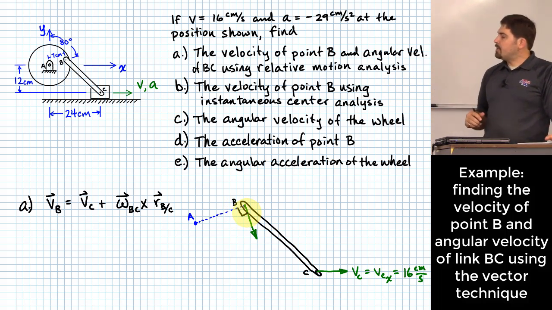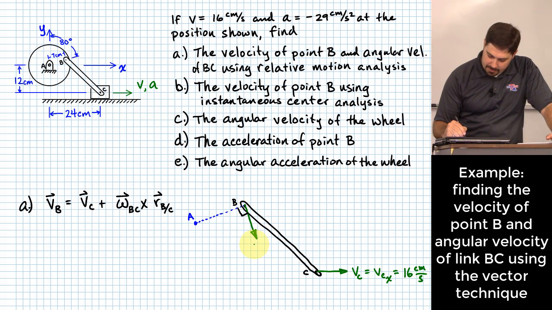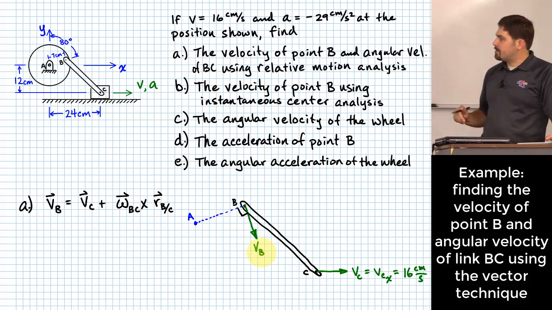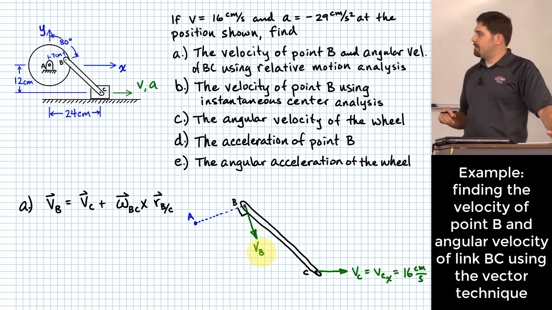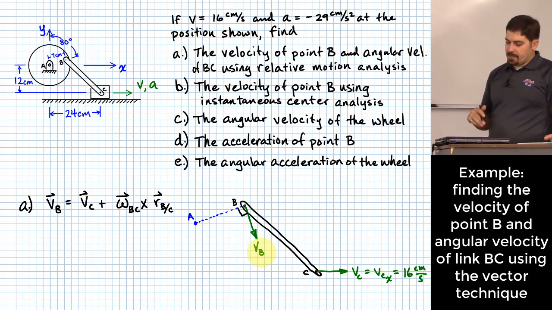As I start off the problem, I don't know what the magnitude of this is. This is one of the things I'm trying to find. So I'll just name the magnitude of that vector VB. Now here's one of the things that's interesting.